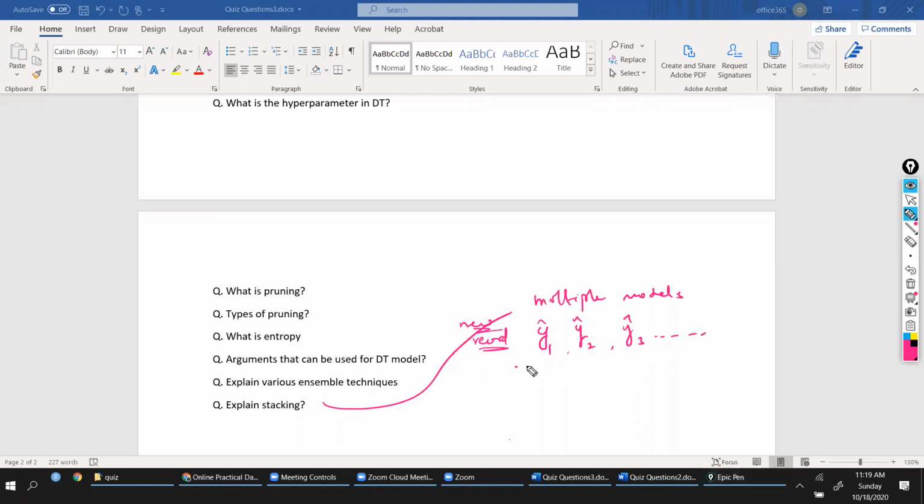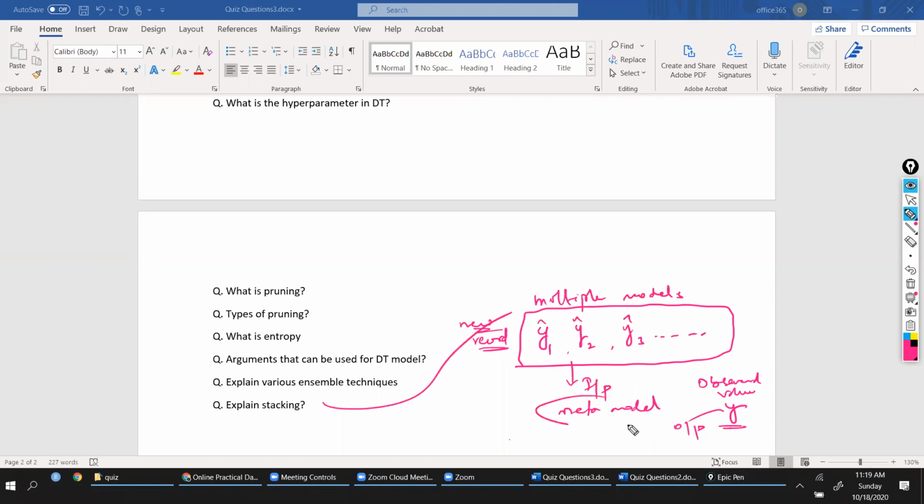Now, what we do is we take these data as input for your meta model. These will be inputs, and what will be your output? Observed data. Observed value, which is y, actual value will be the output. So the meta model will take this as input, this as output, and it tries to predict the final output.